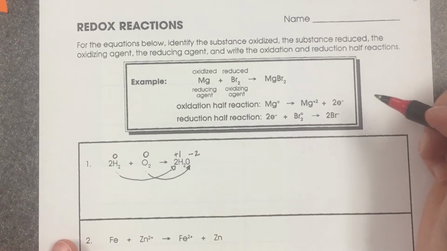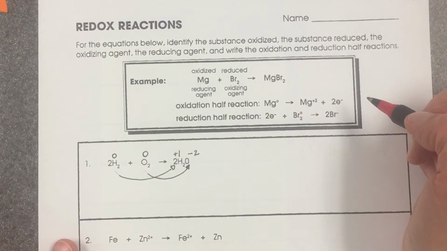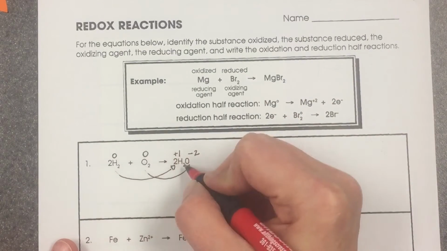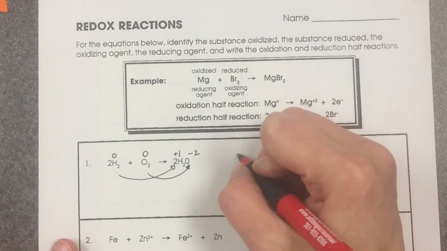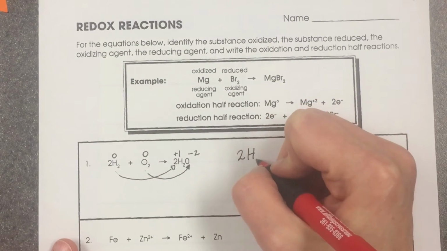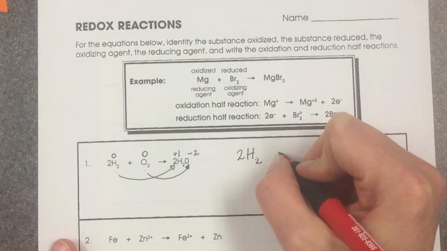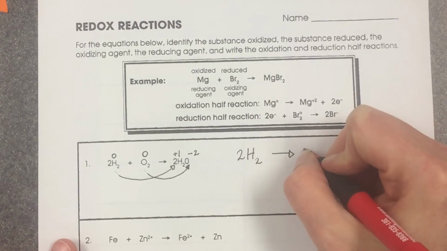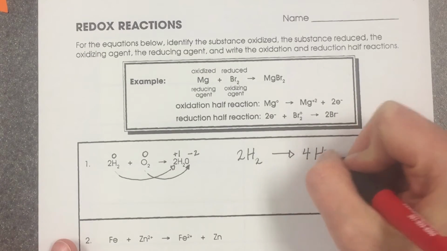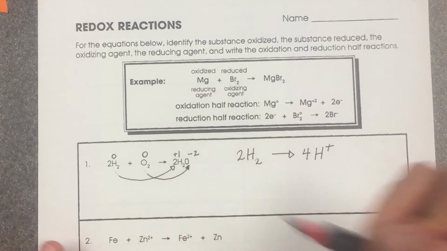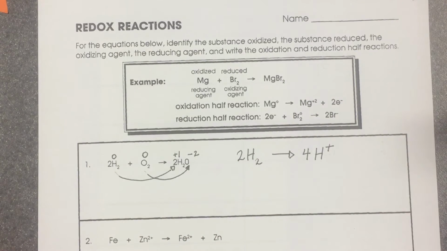So now comes the time for me to break this up, okay? And what am I starting with? I'm going to start with the oxidation part of this. My 2 diatomic hydrogen molecules broke apart and formed 4 positive hydrogen ions. They aren't really ionic because this is a covalent compound, but when we're assigning these oxidation numbers, we're pretending that everything has a charge, okay?